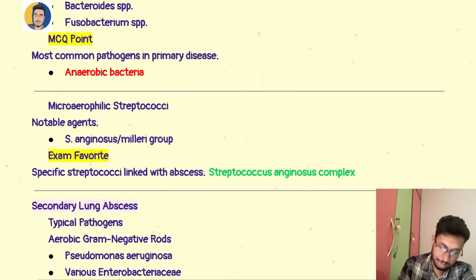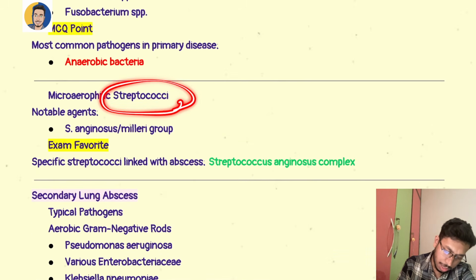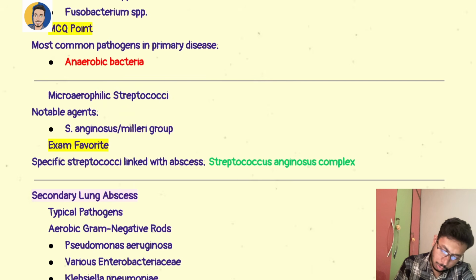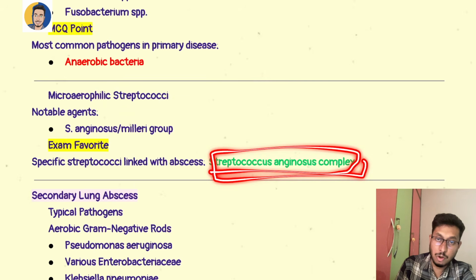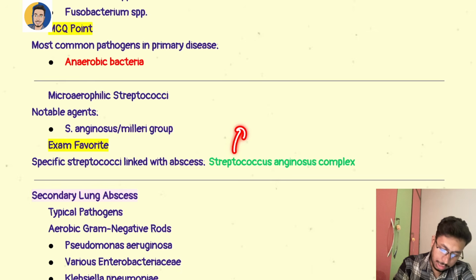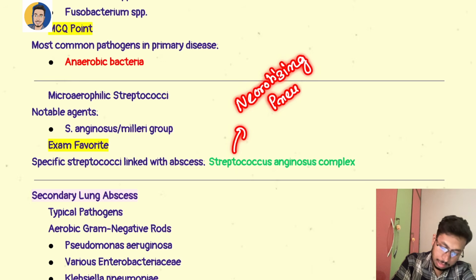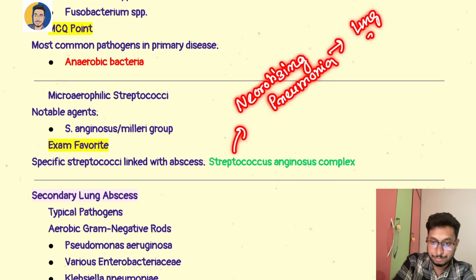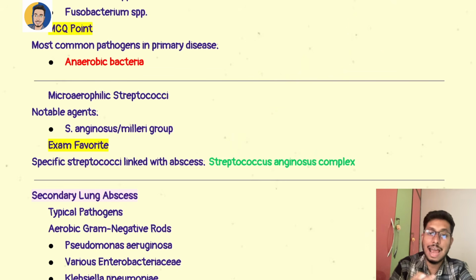Now there is something caused by microaerophilic streptococci. So Streptococcus anginosus complex is associated with necrotizing pneumonia. This necrotizing pneumonia can further lead to lung abscess. That's why if a question is asked, what is the most common non-anaerobic bacterial cause of lung abscess?